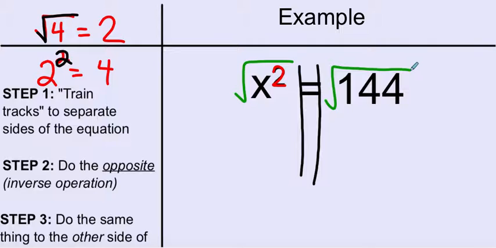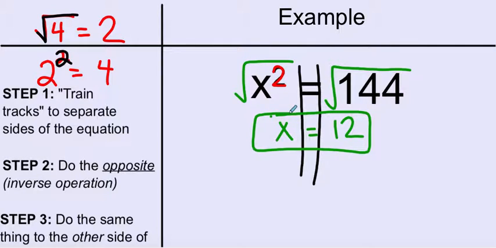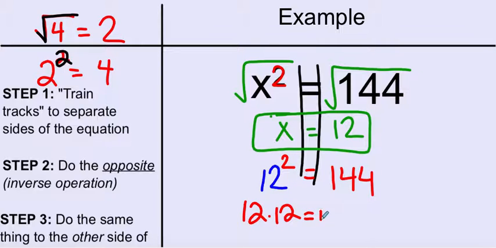Again, I can type this into the calculator to get the answer, or I can look at that little chart that we had when we went over the square root unit, and I know that the square root of 144 is 12. As stated before, there's no reason to get any of these wrong because I can simply take that 12 and plug it back into the equation and say, hey, is 12 squared 144? Well, I know that 12 squared means 12 times 12, and yes, that is 144, so I know I did the problem correctly.